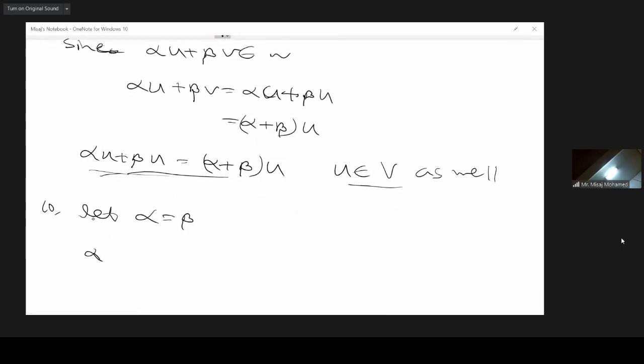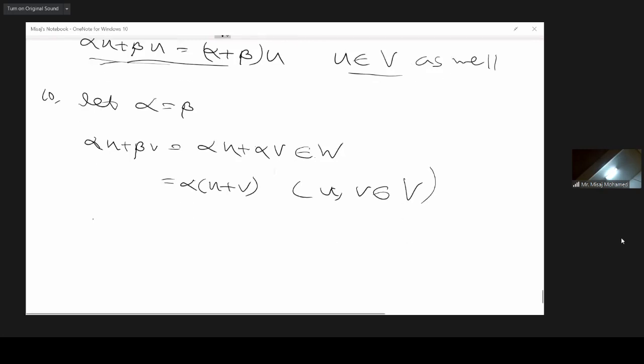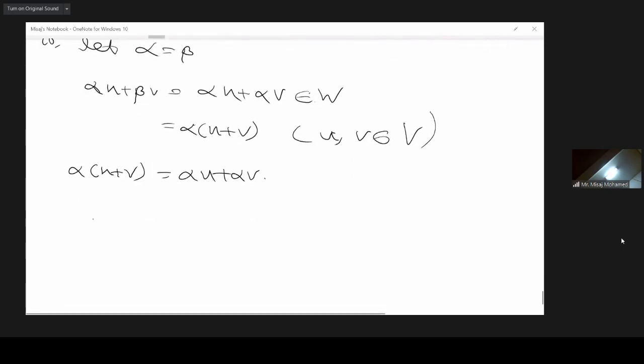Alpha u plus beta v is equal to alpha u plus alpha v, which is in W. So this is equal to alpha times u plus v, because u, v are elements of V. Therefore, alpha times u plus v is equal to alpha u plus alpha v.